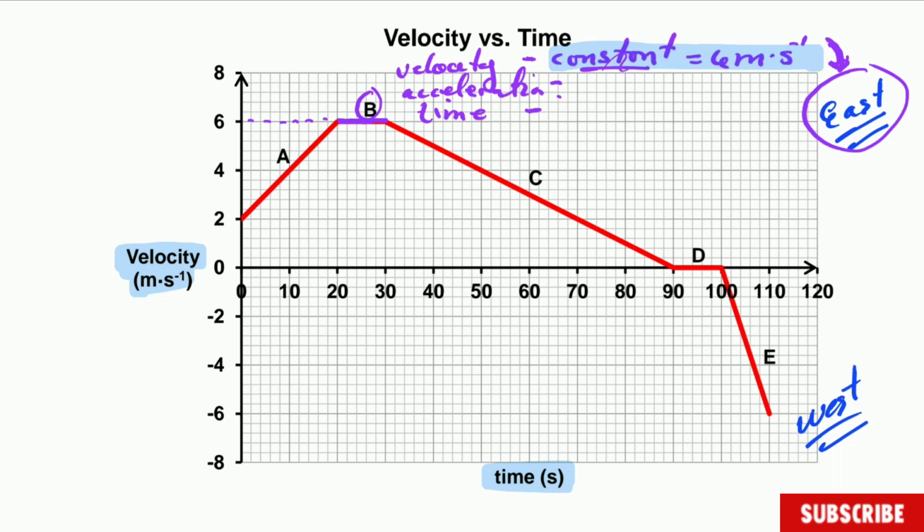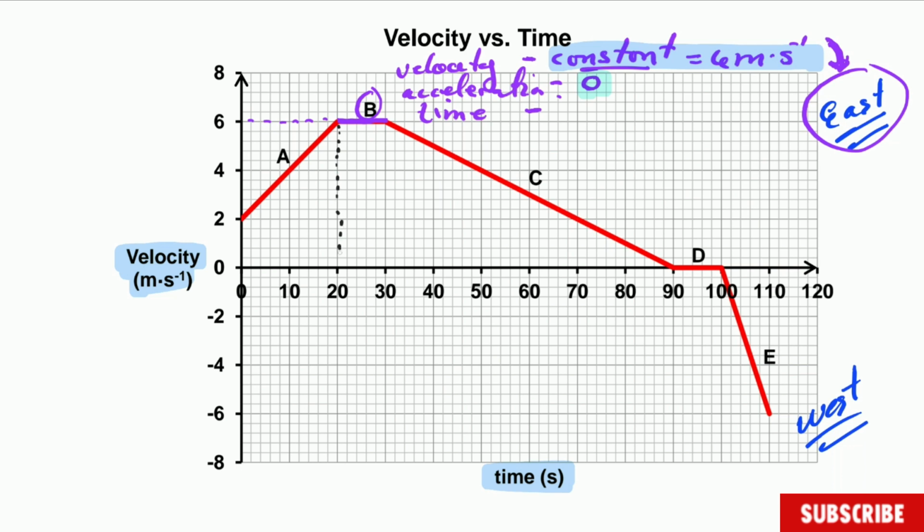What else? About acceleration: if velocity is constant, the acceleration is 0, and that is a very important thing to note. If you think you are going to forget, you can write a note: when the velocity is constant, the acceleration is 0. What can we speak about the time?